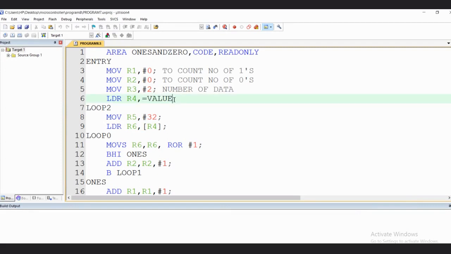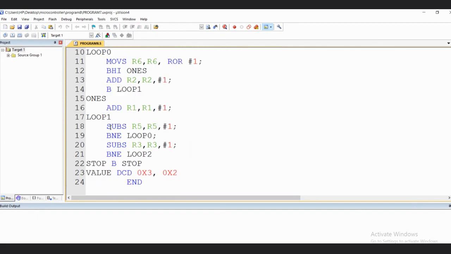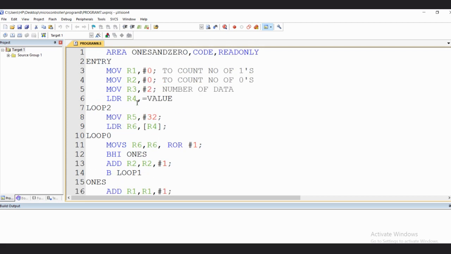In the next line we are adding the address to R4. So the address of the values 0x3 and 0x2, the address of these two memory locations, is added to register R4. Then we are loading R5 with 32 because in each and every number there are 32 bits.